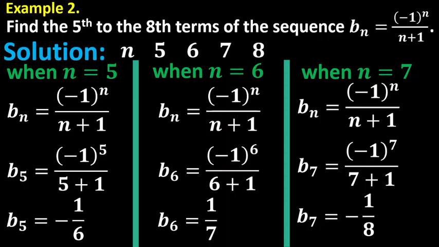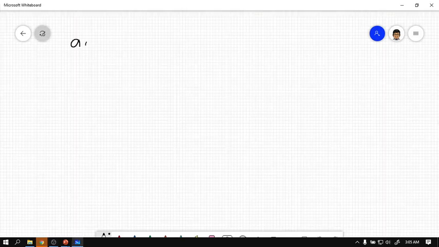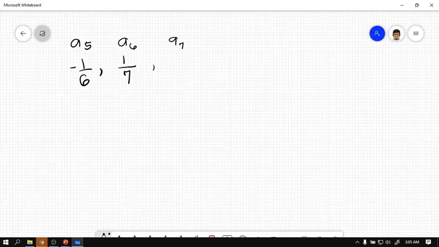Now observe the pattern. Here is your pattern. The fifth term, your a sub 5, is negative 1 over 6. Your sixth term is positive 1 over 7. Your seventh term is negative 1 over 8.